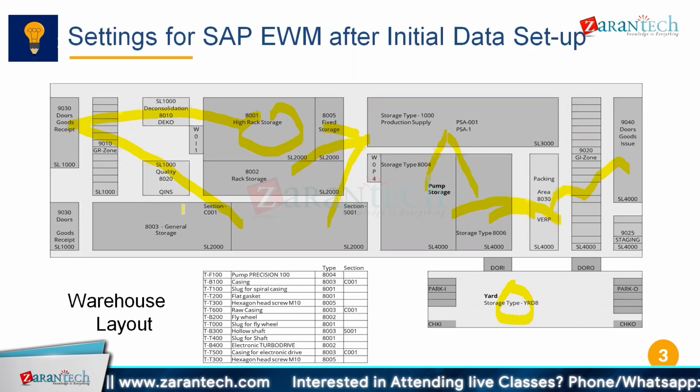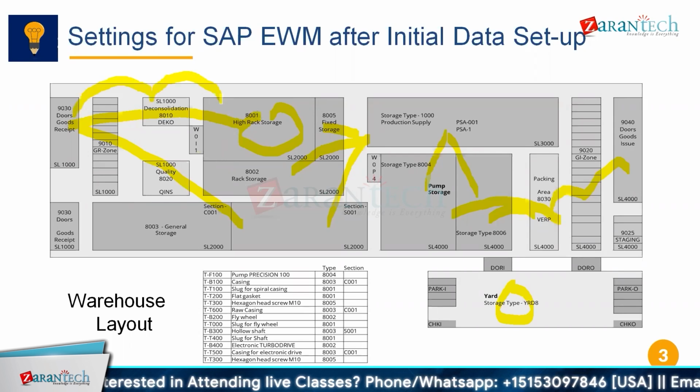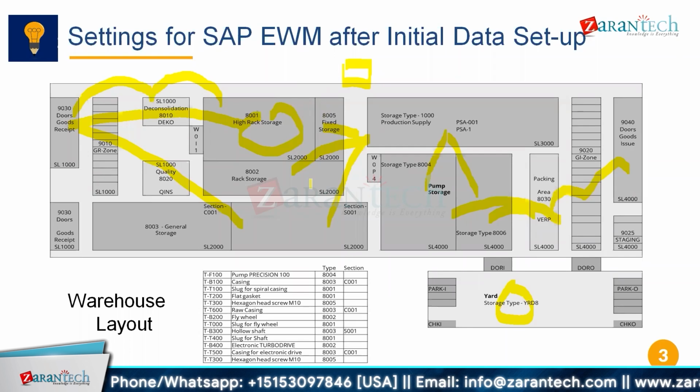If we decide, okay, let's understand deconsolidation, then we will activate a process, move it to deconsolidation, then move it here. Let's understand scrapping: let's create a new area for scrapping, so we'll create a new storage type here, and we'll discuss what the possible scenarios with scrapping can be. For any additional scenarios, we'll be tweaking this warehouse and adding new scenarios here.